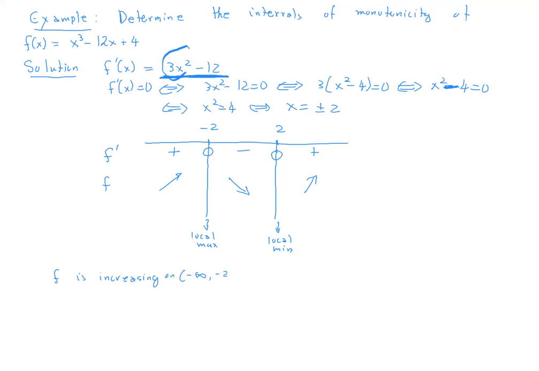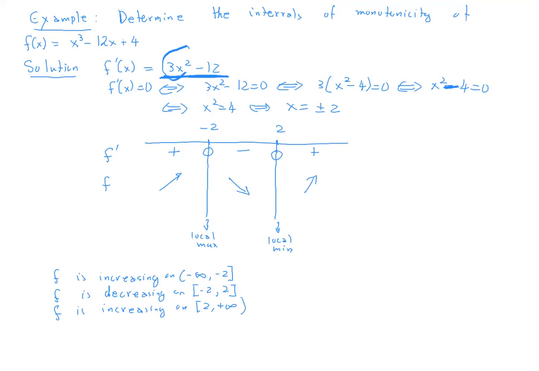And since we have a continuous function, we can always take the interval to be closed. f is decreasing on the interval from -2 to 2, and f is increasing on 2 to infinity.